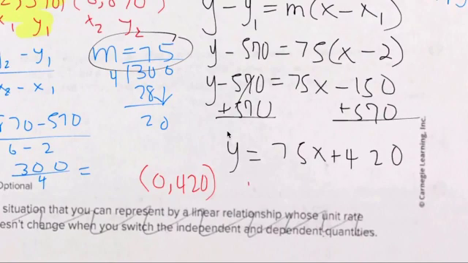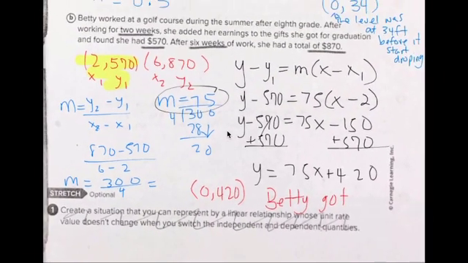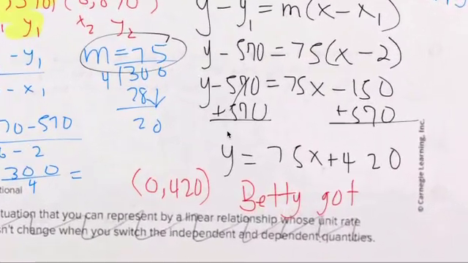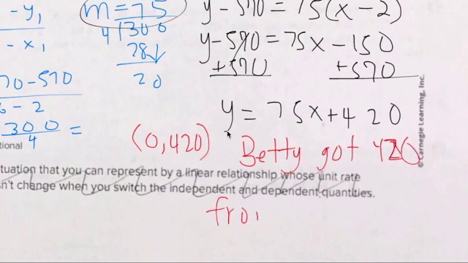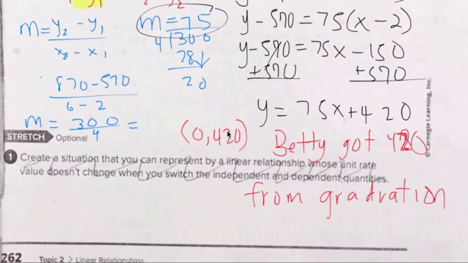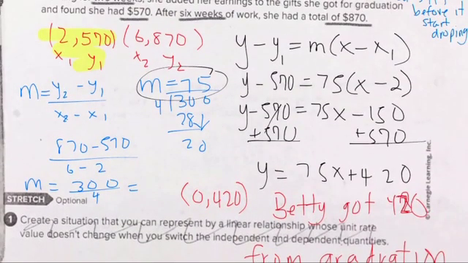Betty got $420 from graduation, just before she starts saving any money. That's what this answer means. Okay, and that's it. I could do it a lot faster, but teaching is a lot slower.